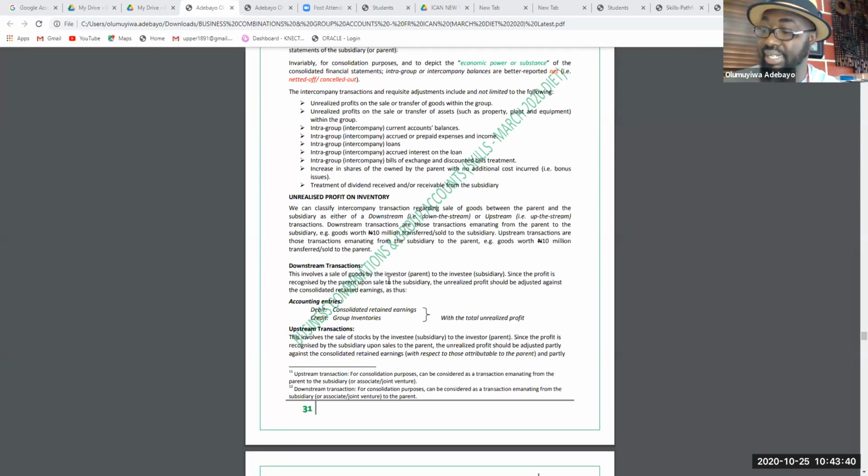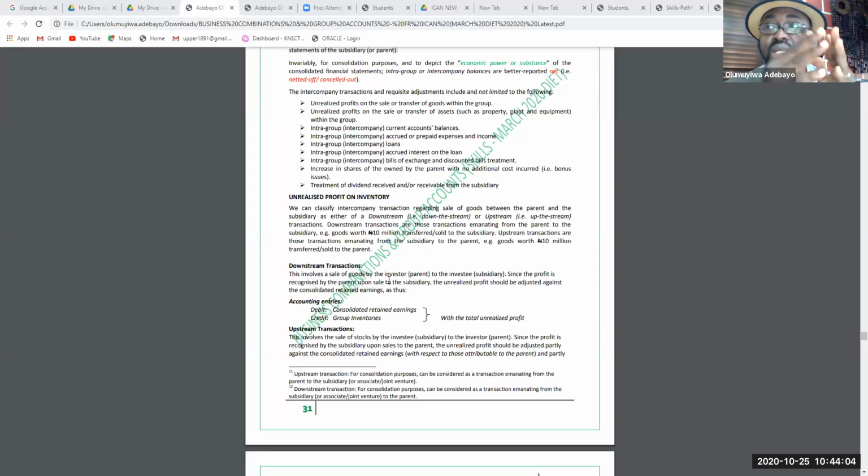What we are trying to say is that at every time there's a transaction between the parent and the subsidiary which involves sale of goods, any profit made by the parent have to be analyzed into the portion that is realized and the portion that is unrealized.